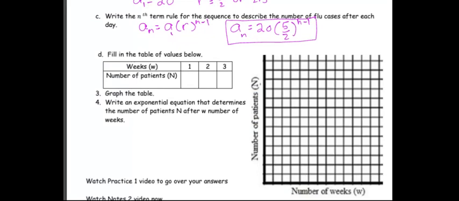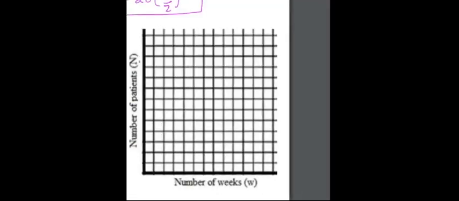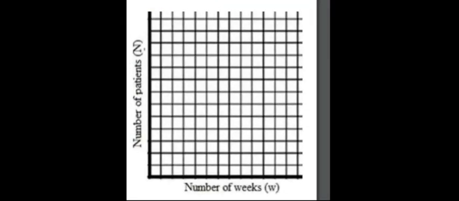Now, let's fill up the table. We have week 1. During week 1, we had 20 cases. After 2 weeks, we had 50 cases. After 3 weeks, we had 125 cases. Now we're going to graph these values. If you look at the graph, you'll see that we need to label our x-axis with 1, 2, 3.